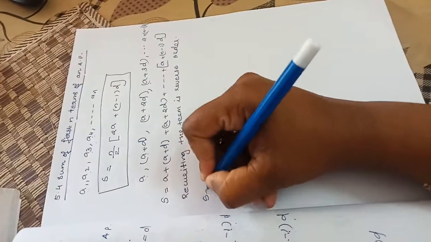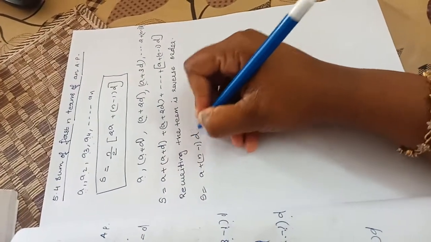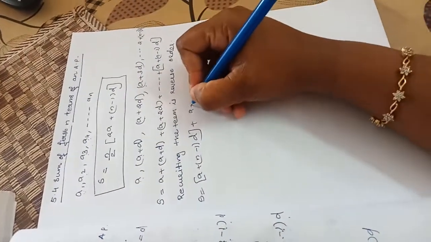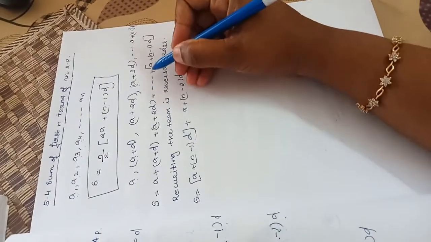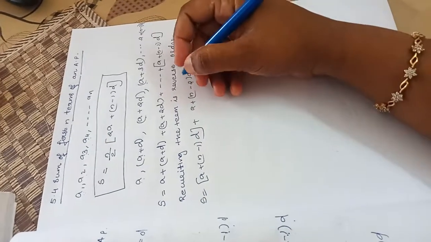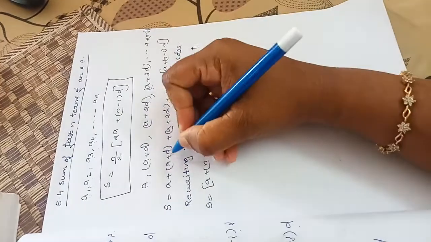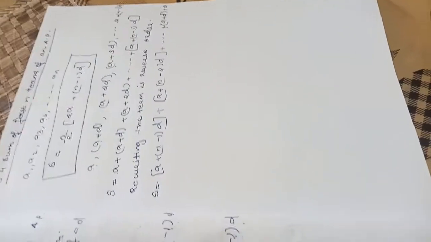So S is equal to last term I am writing first, a plus n minus 1 into d, plus, before that we have a plus n minus 2 into d, plus etc., plus second last term a plus d, plus last term a. Now I just reversed this equation.